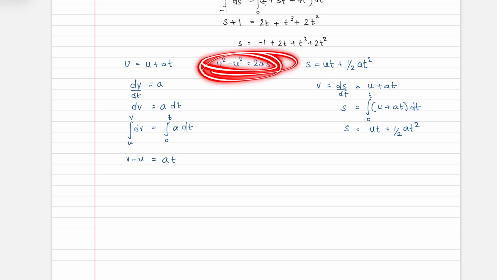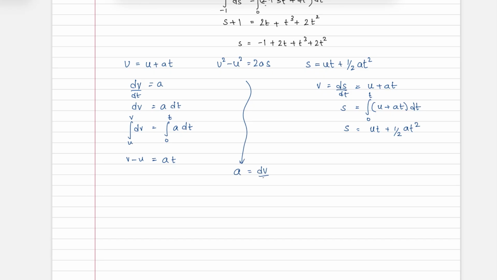Were you able to think about how this comes into the picture? Again, pause and try. This may be unfamiliar to some, but essentially this also requires that acceleration is constant. What we do now is, a is essentially dv over dt, right?